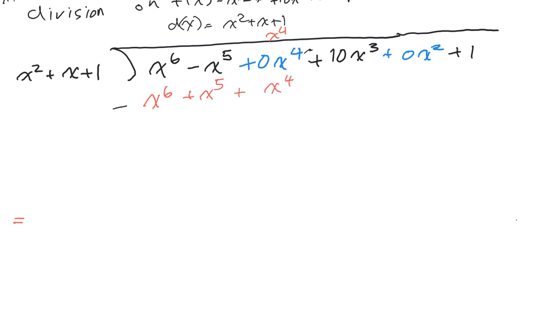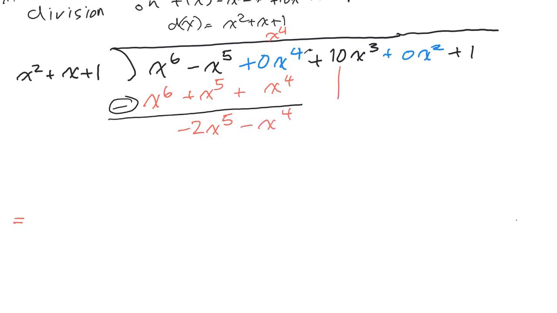Now, the key idea is to remember that when we were doing our division, every time we got our 3 terms, we would subtract those 3 terms from the original. So x to the 6 minus x to the 6 is gone. But negative x to the 5 minus x to the 5 gives us minus 2x to the 5. And then we have 0 minus 1, which gives us negative x to the 4.